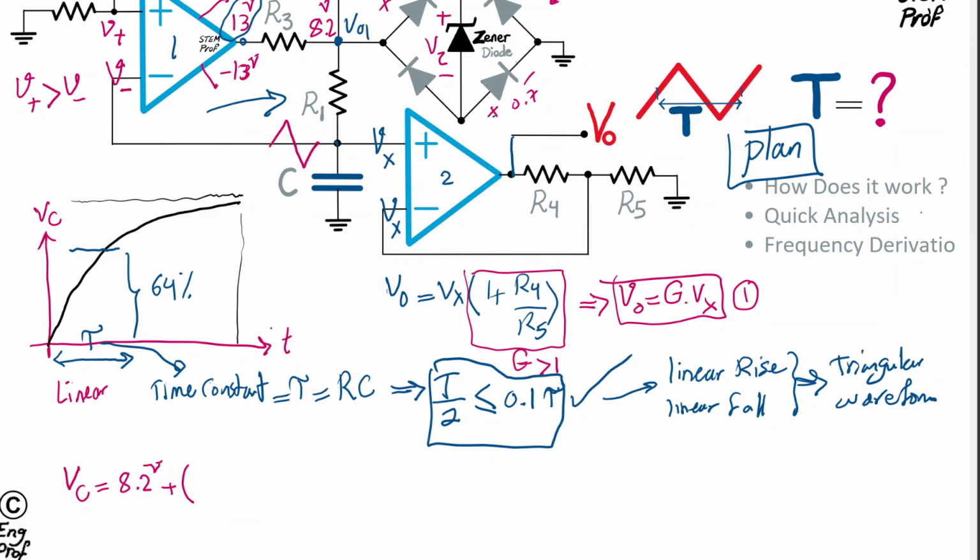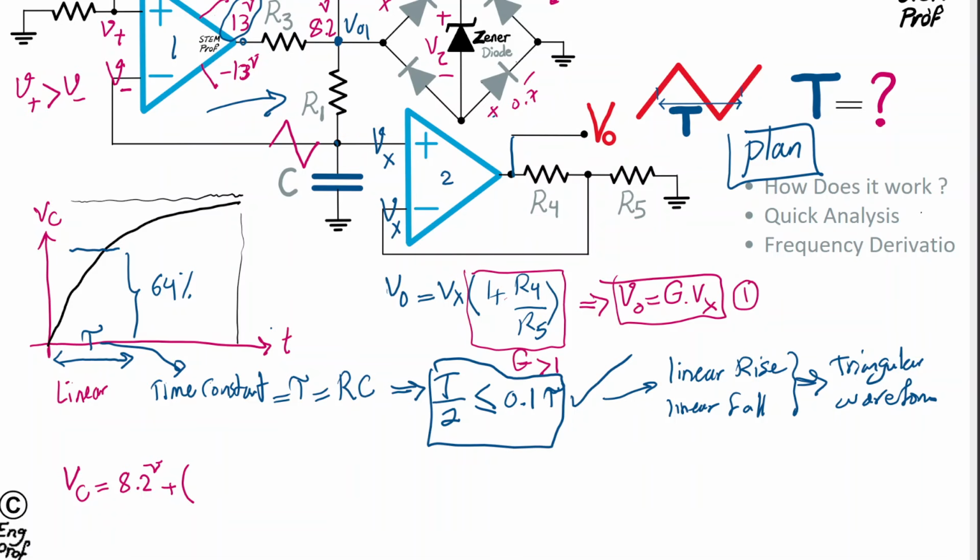The relationship between Vx and V out is exactly V out equals G times Vx, in which G is 1 plus R4 divided by R5, a gain larger than one. So we have this equation 1 that relates Vx to V out, and Vx is a copy of V out, but in a smaller scale.